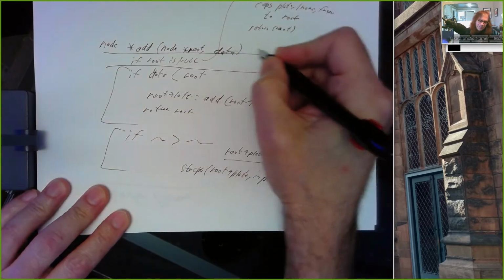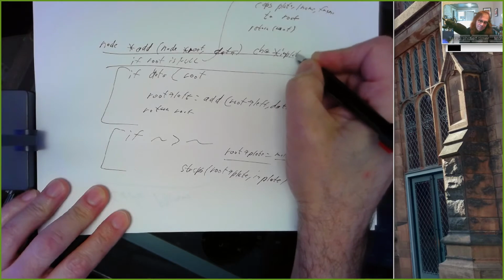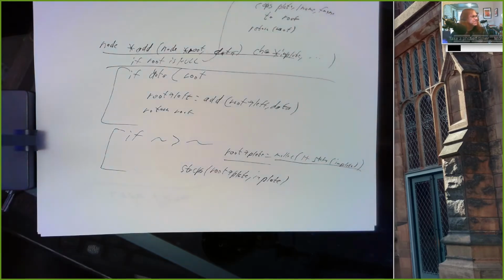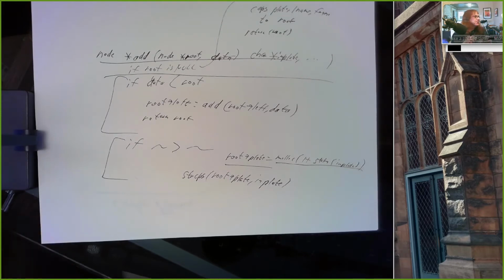Where in plate was one of your arguments to your add function. And you can assume that the plate is not already in the tree. So you're being given a database file of license plates. You can assume the license plates are all unique in there.